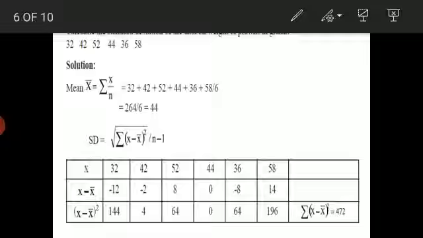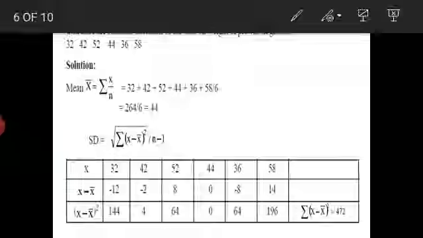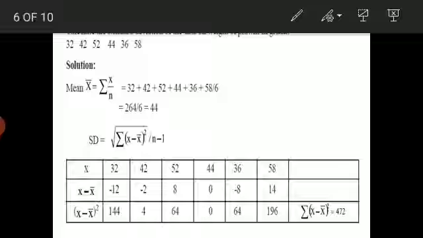So the square of these will be (x minus x bar) square, which is given in the last column.